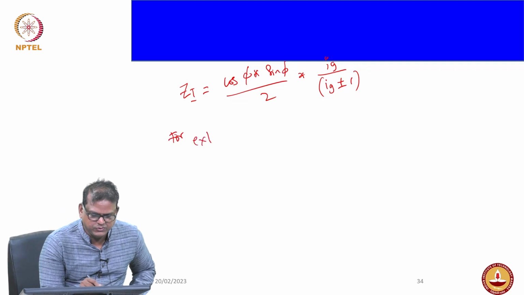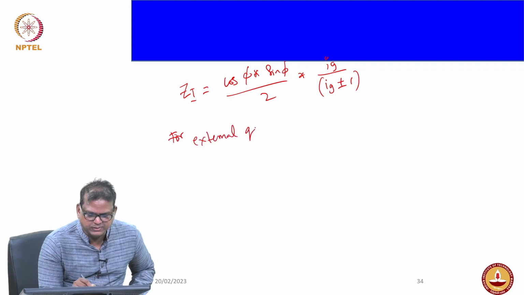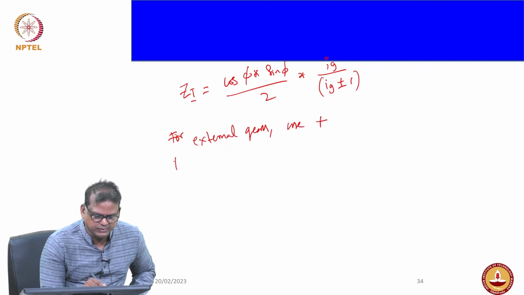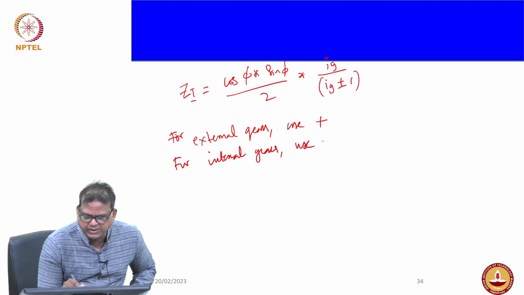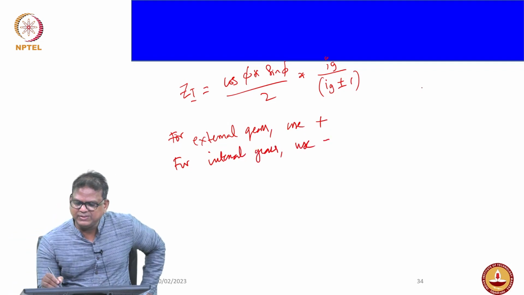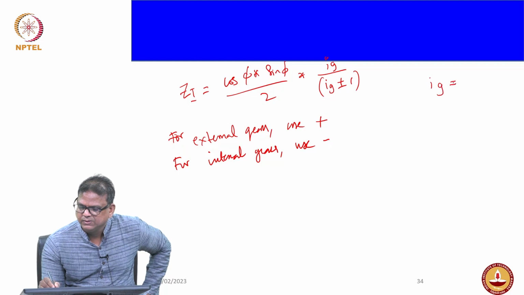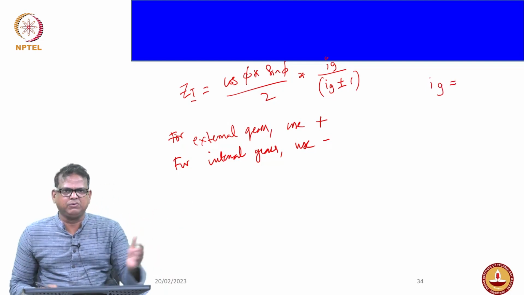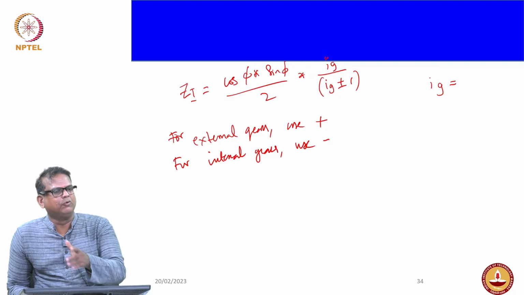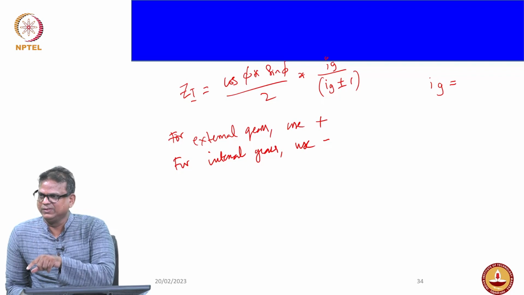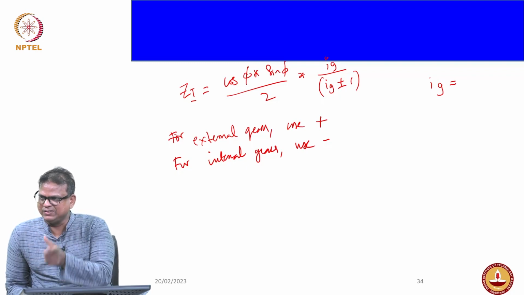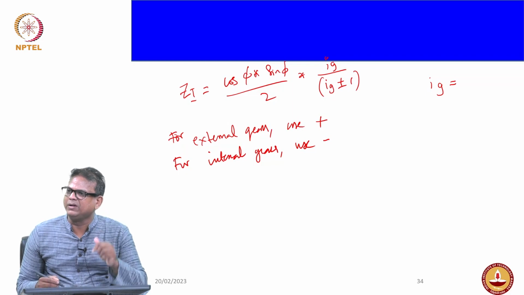For external gears you should use plus, for internal gears use minus. So the question is, what is the Ig value? There are so many Ig values given: 1, 2, 3, 4, 5. Which should we use? We should use it for gear 1 because we are doing the calculation based on the minimum number of teeth. So 3.545.